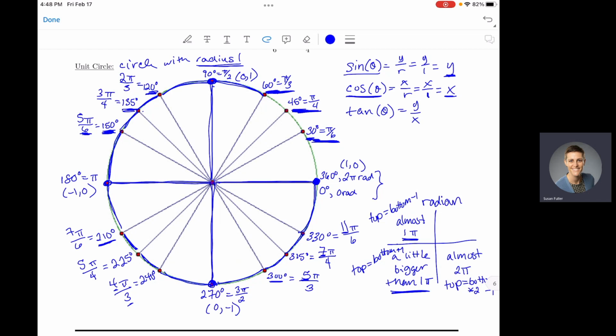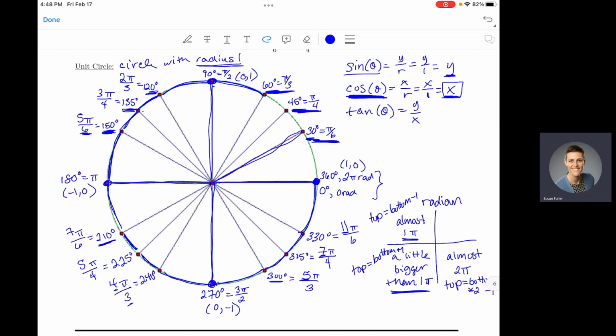Now, to get all of the other ordered pairs here, we're going to have to think about this a little bit. The x value in each of these ordered pairs is going to be the cosine of the angle that has the terminal side that goes through that point.